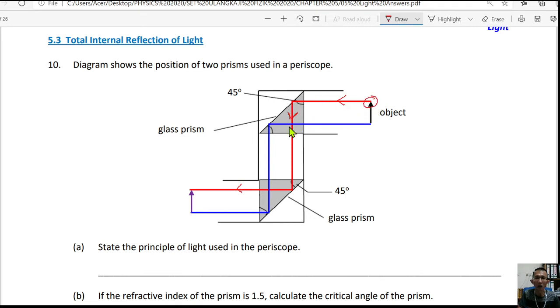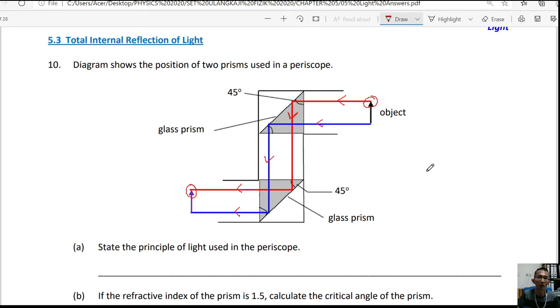And then the foot, I draw a line going straight to hit the prism. It's going that way and then being reflected. Upon hitting here, it will be reflected. So what we are having here is total internal reflection. It happened inside the glass prism.